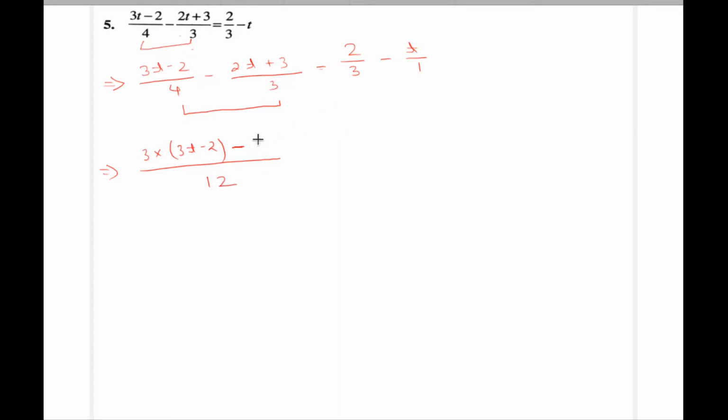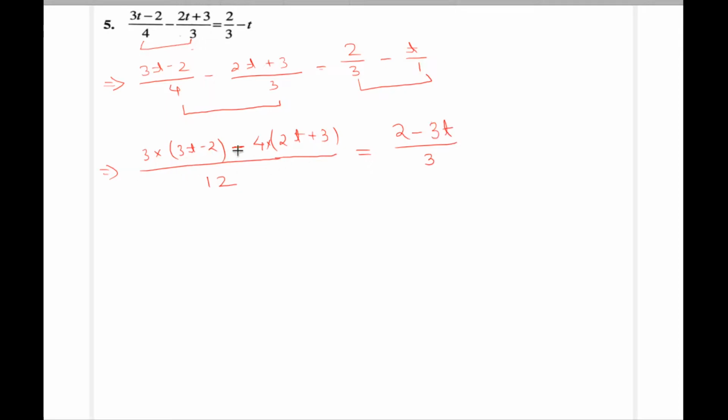So we are left with 4. 4 multiplied by (2t plus 3). Okay. Equals to, now here the LCM is 3. 3 and 3 are the same, so 2, and minus sign, 1 and 3, so we have to multiply it by 3, so 3 times t. Okay, this side done.